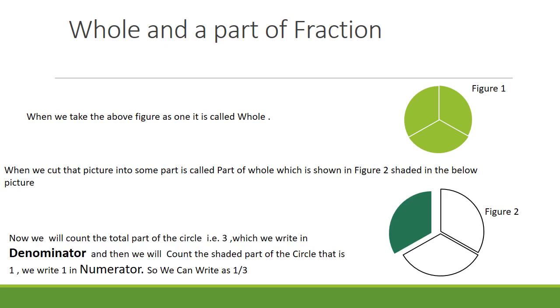Now we will count the total parts of the circle, that is 3, which we will write in the denominator, and then we will count the shaded parts of the circle, that is 1. We will write 1 in the numerator. So we can write it as 1 upon 3.